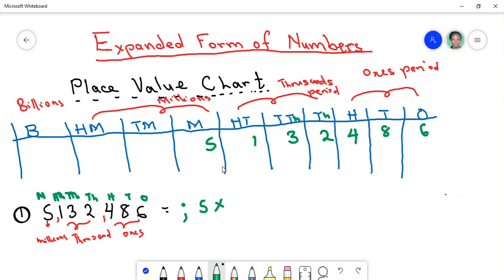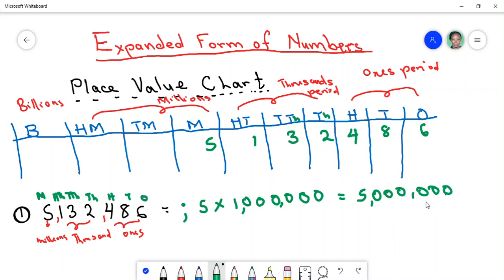How many zeros do we have left after 5? 1, 2, 3, 4, 5, 6. So I have 5 times 1,000,000. The place value is 5 million.